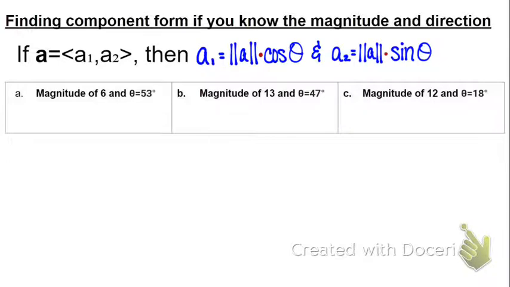We've talked about finding component form if we have the initial point and the terminal point. And then once we put it into component form, we can find the magnitude, we can find the direction. If I'm told the magnitude and the direction, sometimes I need to know the component form.